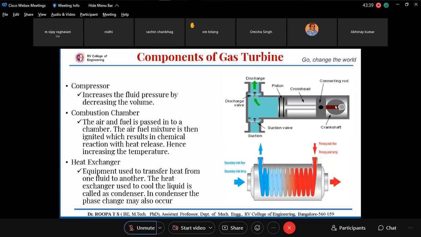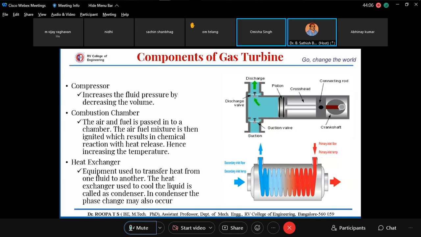So here we have a compressor. The role of the compressor is to compress the gas, to compress the fluid inside the chamber. So what happens when we compress? What happens to the pressure? It increases, ma'am. Is anything else going to happen?